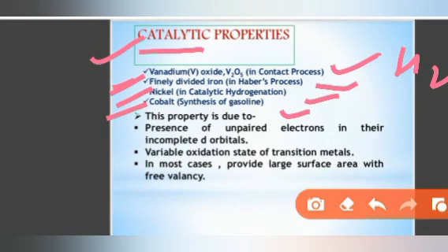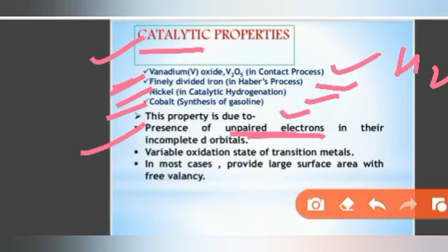This property is due to the presence of unpaired electrons. See, all the compounds are colored due to unpaired electrons. The catalytic property of transition elements is due to unpaired electrons. Why are d block elements called transition? Because of the incomplete orbitals of d block.